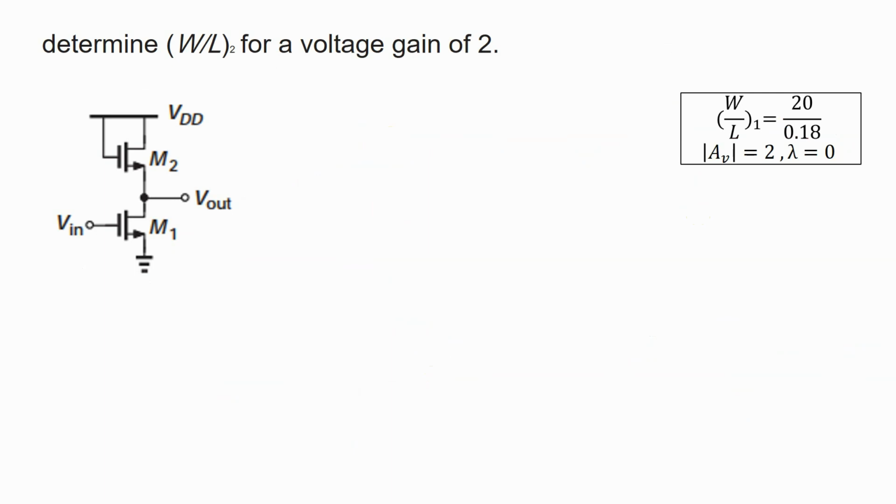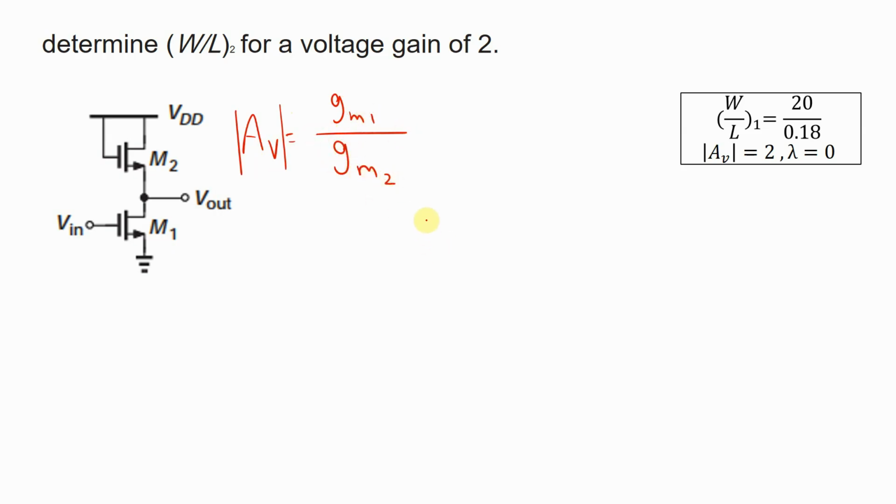So here is a simple problem. To have a better feeling, we have to determine the value of W over L2 for a voltage gain of 2. Here this is a voltage gain, the absolute value, so forget the negative sign: GM1 divided by GM2.